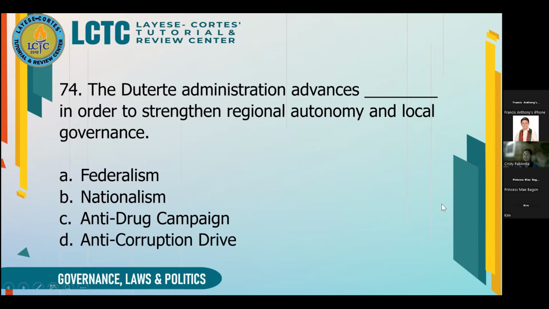If you see federalism, the best example is the US, they're federal, di ba? A federal democratic country. Each state is autonomous. The taxes collected from each state stay with them, and they just give a portion to the national government.